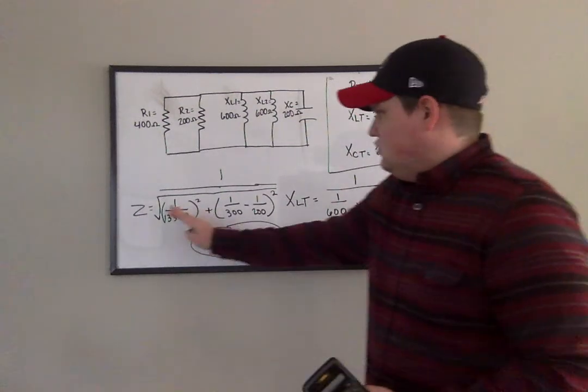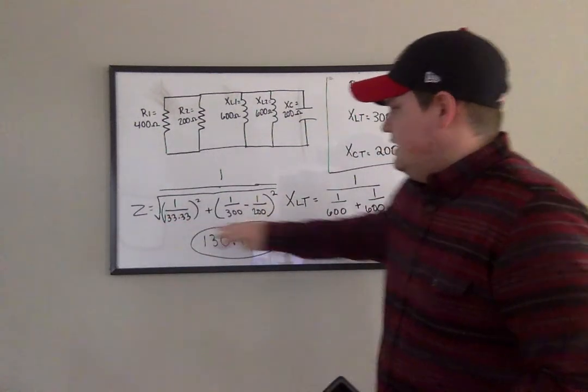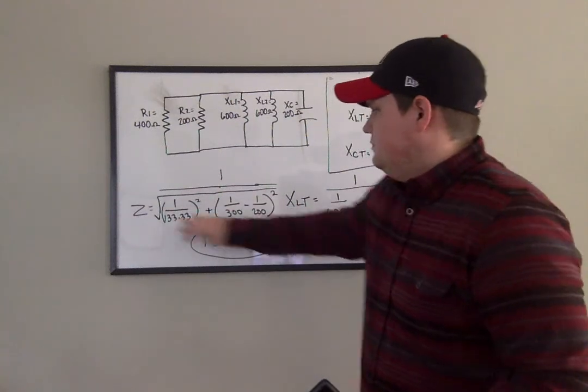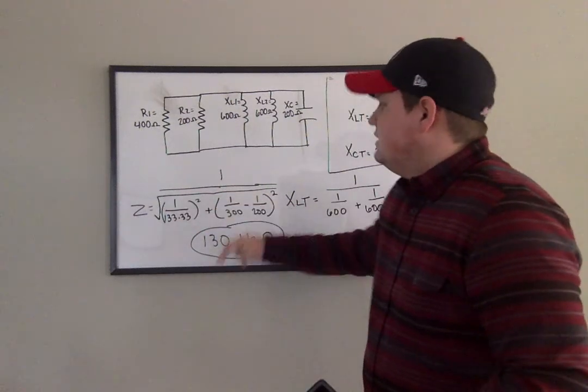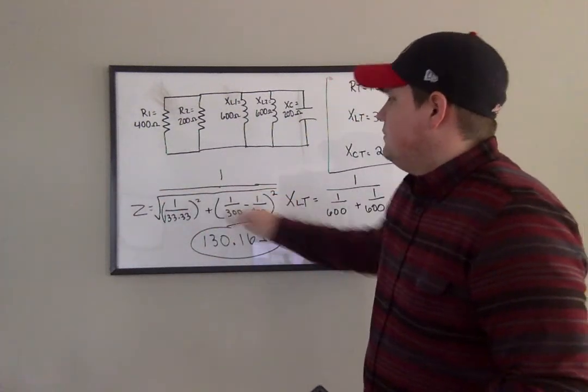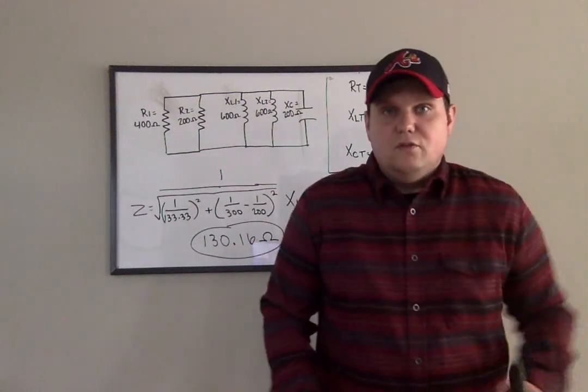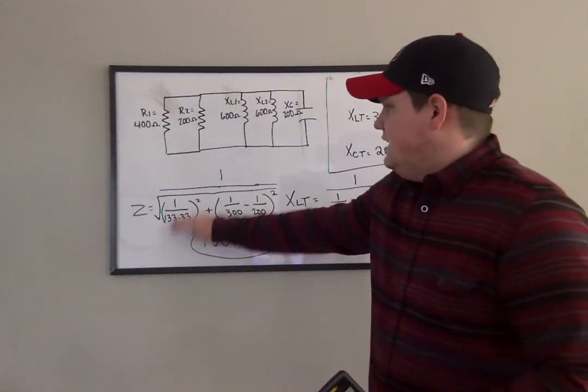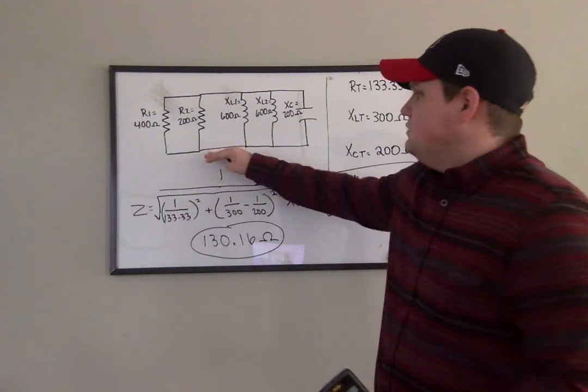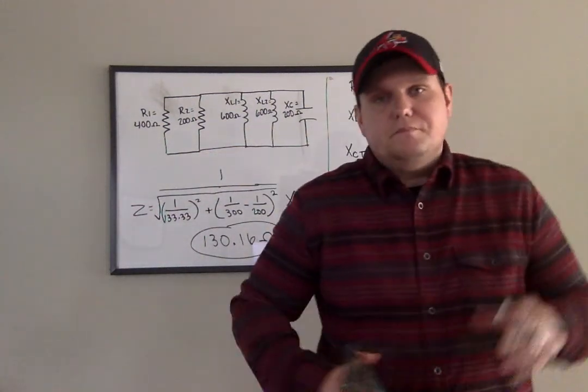So basically you're working inside the square root box, equaling that out, then square rooting it, and then doing your final 1 over. So again, you're working it inside out, so bottom to top, okay?